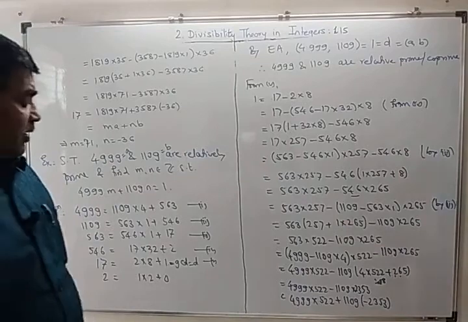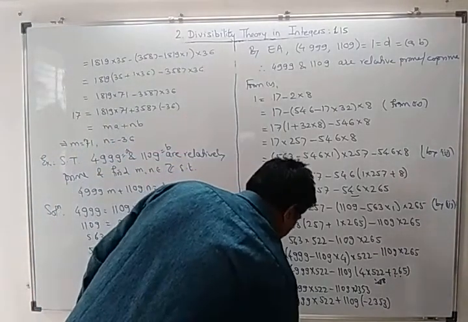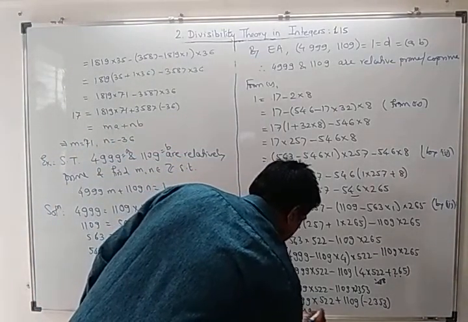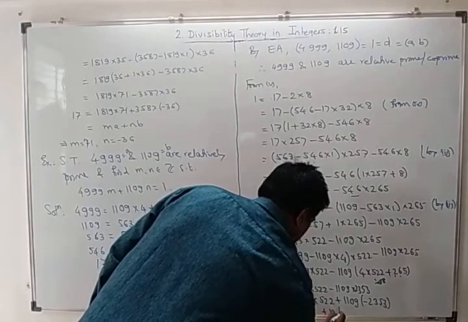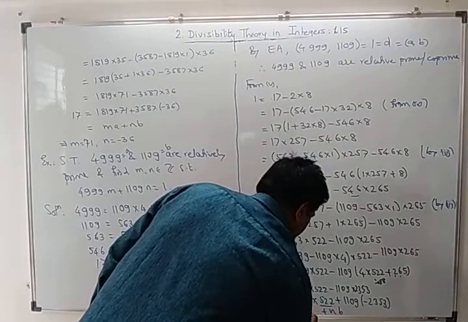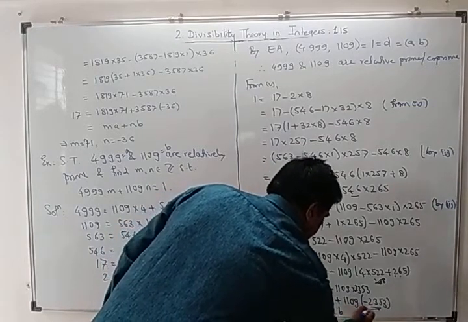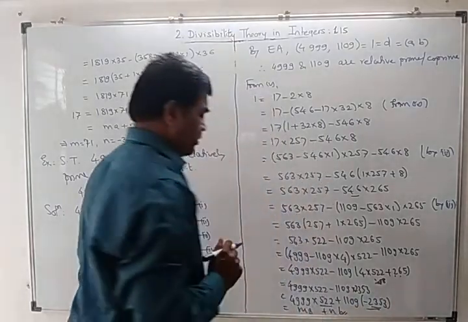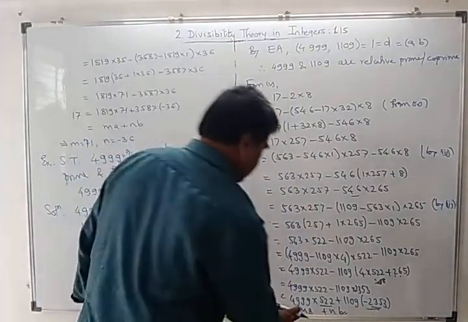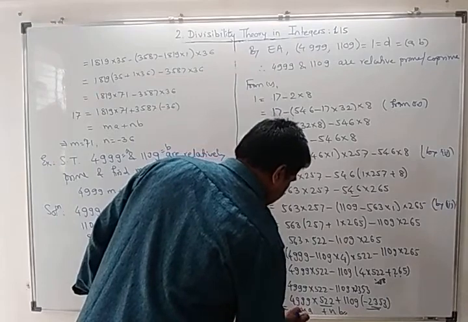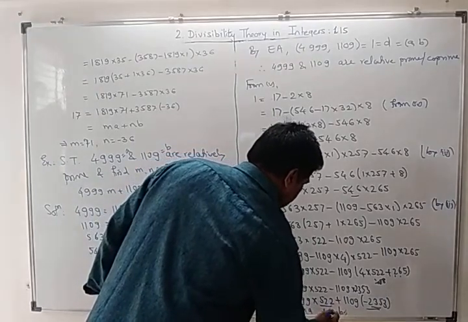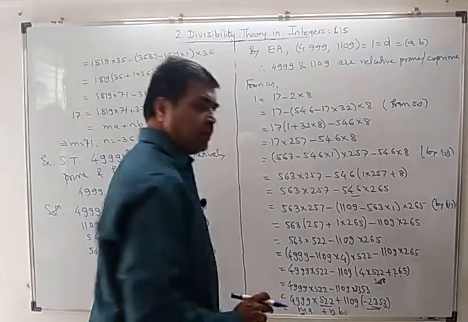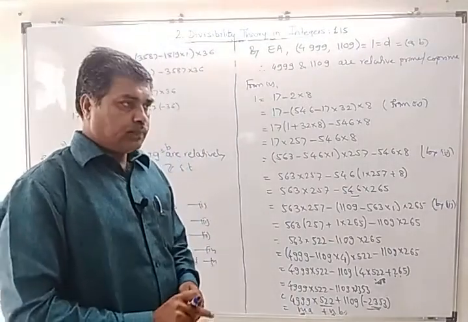So this is your MA plus NB form. This is my A and this is my B. Sorry, M and N. Is it clear?